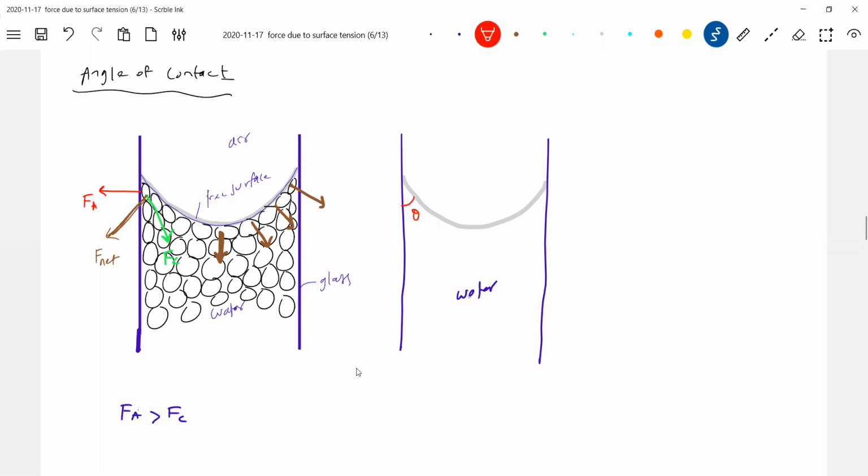This is the angle of contact here. We know this is a free surface, and there's a water, a liquid, and there's a solid. How do we measure the angle of contact? From the solid. And how will the force due to surface tension act, anybody?